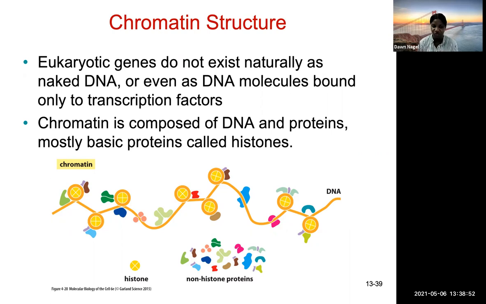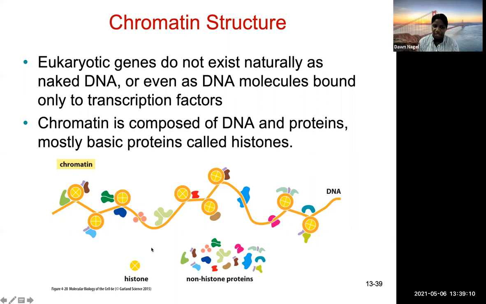Because again, the nucleus is really, really small. What helps compact the DNA, or the way the DNA is compacted, is usually referred to as chromatin, right? And that's the DNA and all the different proteins that help for this process to work.